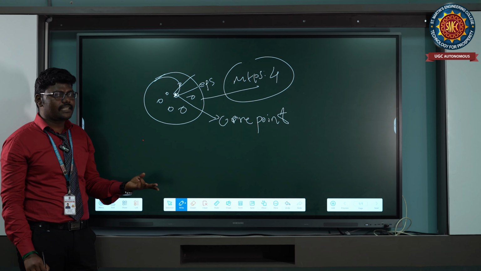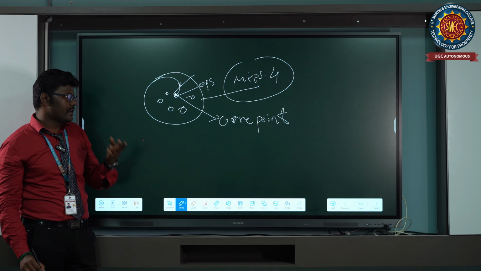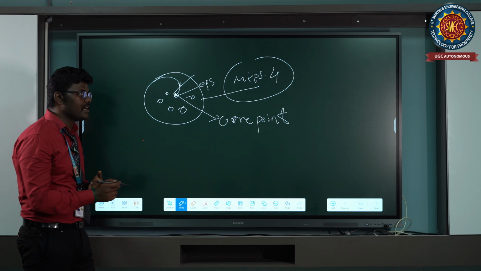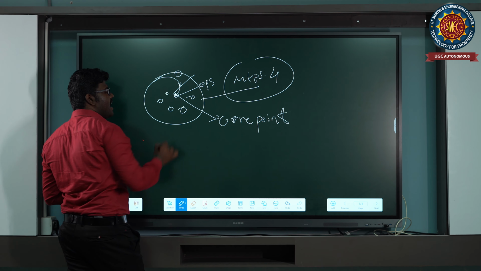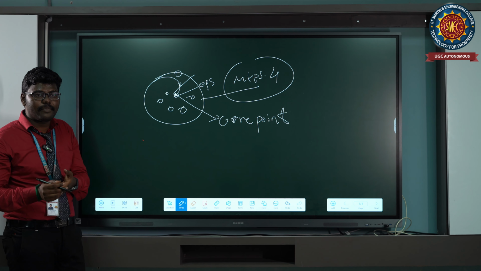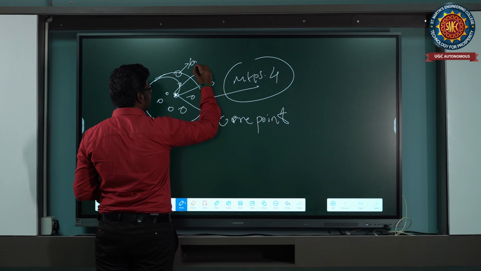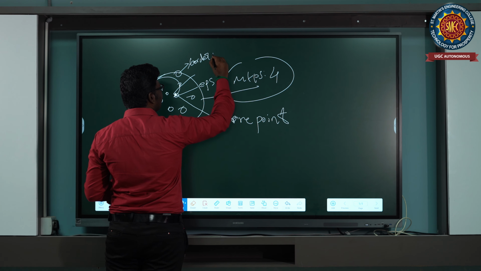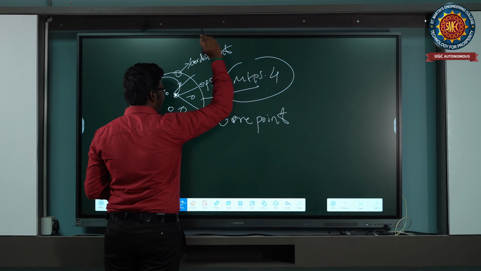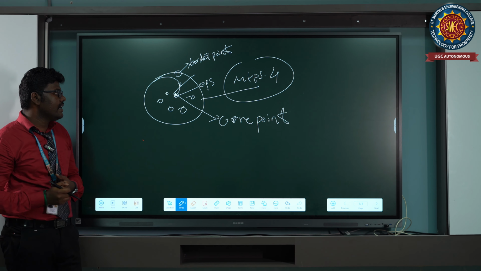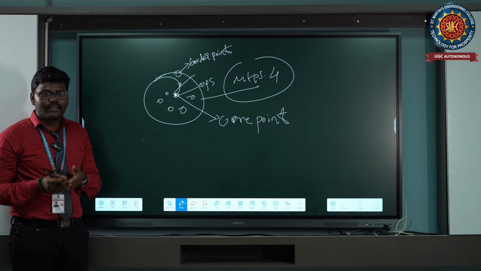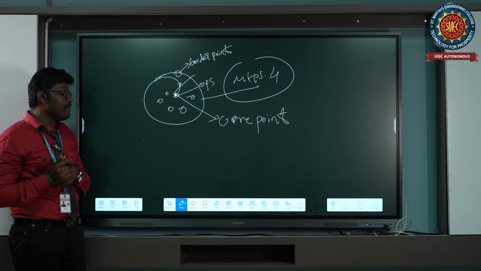Similarly, what is the next data point? Border point. The next data point is the border point. It is located on the border and does not satisfy the minimum points, then it is called the border point, right? And what is the third data point? Outlier point.